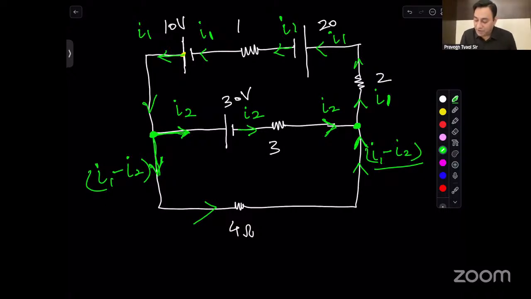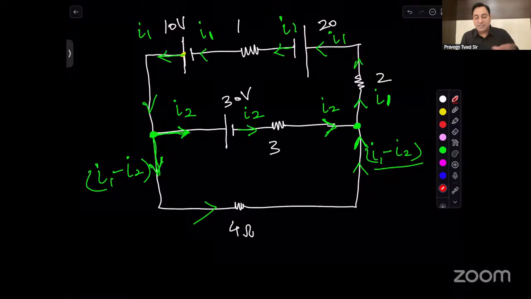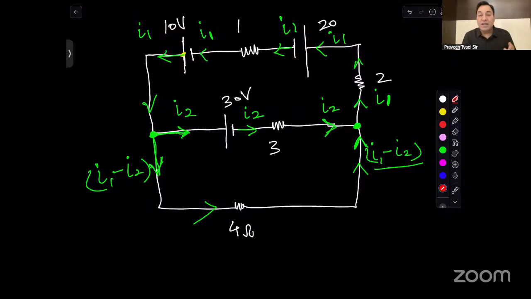I have how many unknowns here? Everything else is given. I have I1 and I2. I have two unknowns. If I know I1 and I2, I can tell you the current in any resistance. So I need two equations, and those two equations will come from two loops. Let me name the loops.